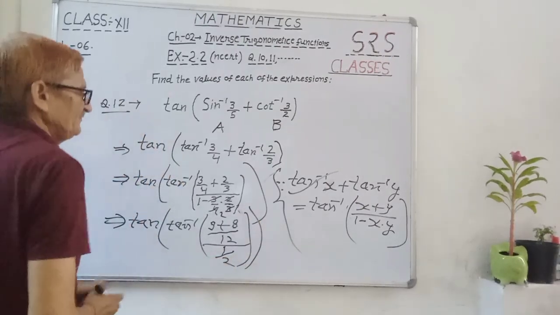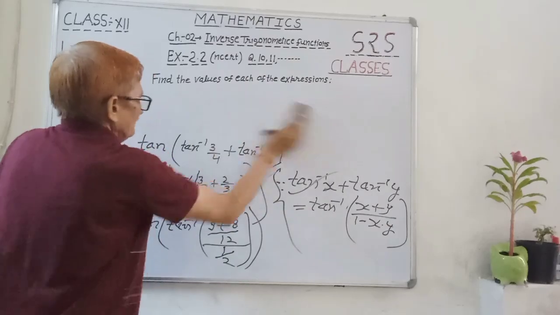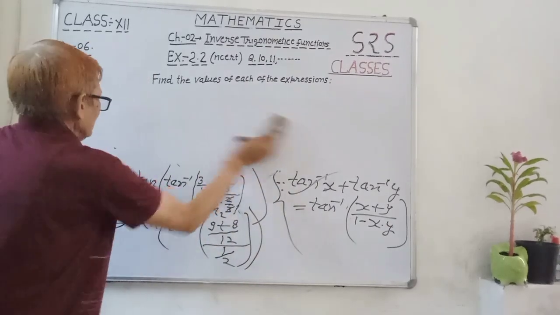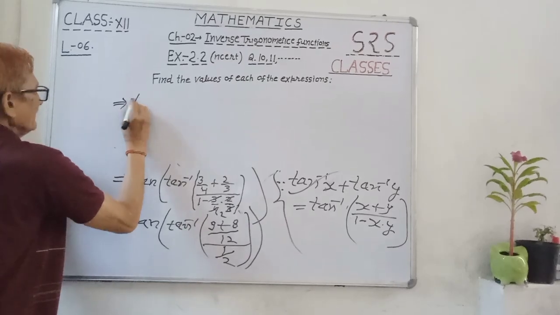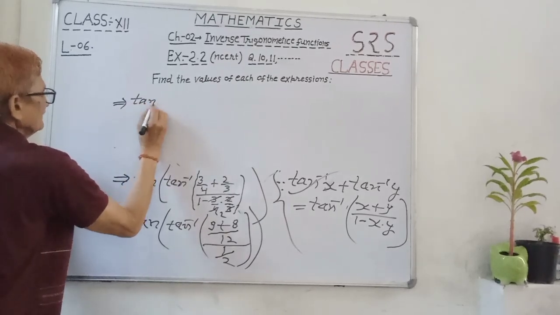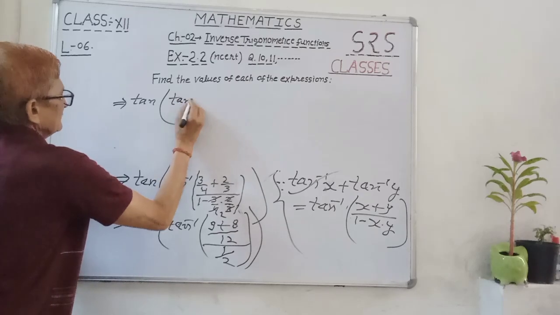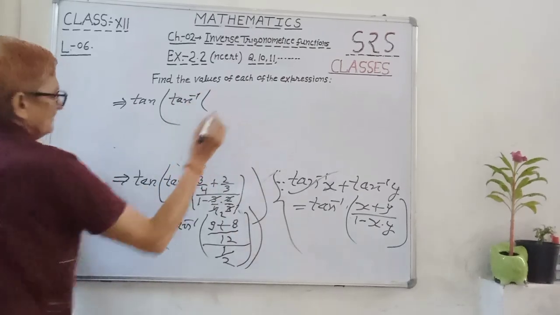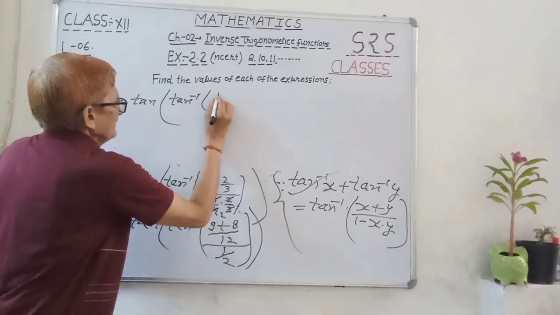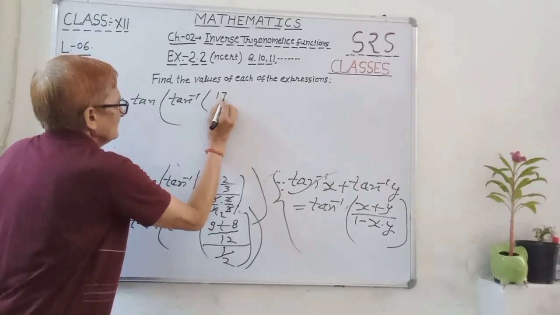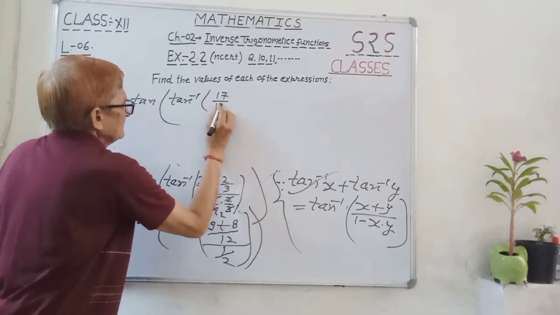Now simplify forward, it will be tan of tan inverse, 9 plus 8 is 17 by 12.